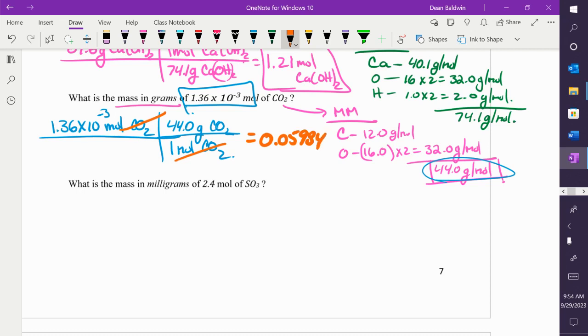How many sig figs do we need? 3. So it should be 0.598 grams. Right? The 4 doesn't do anything. Does that make sense?